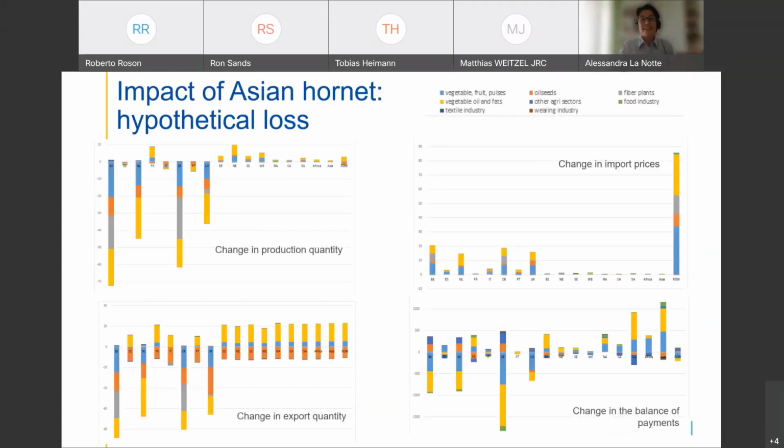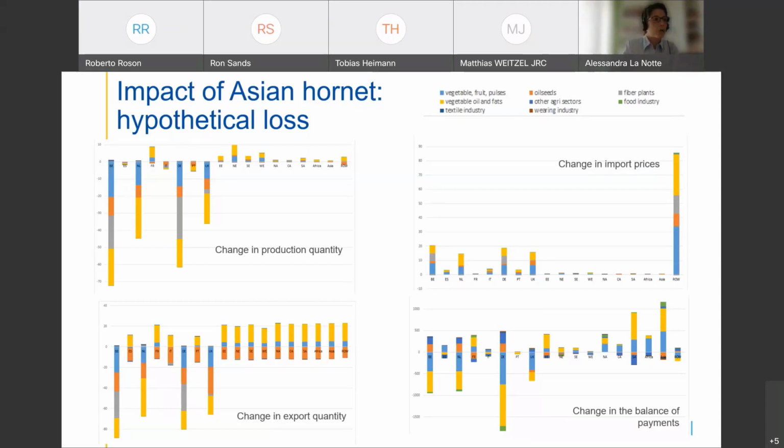Then you see that, of course, the change in production quantity is negative, the change in export quantity is negative, and the import price is increasing. So the expected changes on the economic side are there.